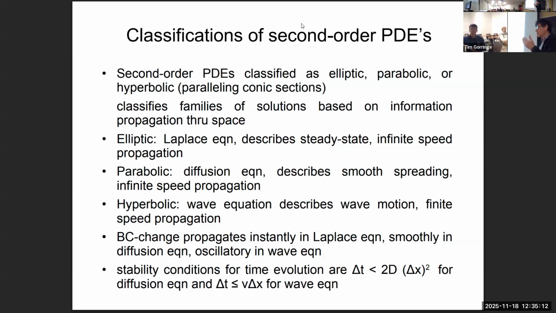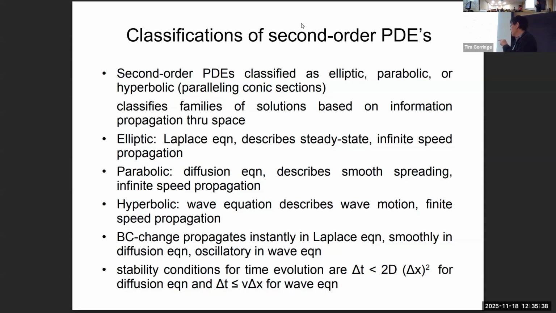If you remember conic sections, elliptic, parabolic, and hyperbolic are conic sections. If you remember motion under gravity, there are elliptical orbits, parabolic, and hyperbolic orbits. So, drawing on that analogy, there are 3 classifications of partial differential equations.